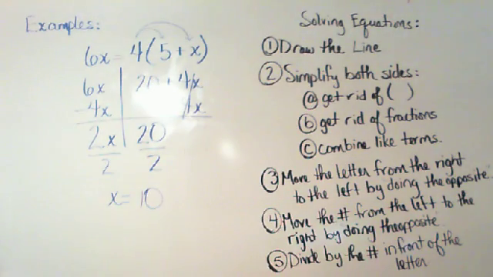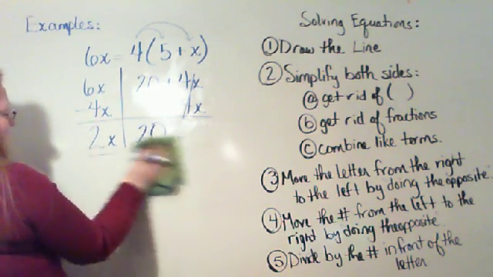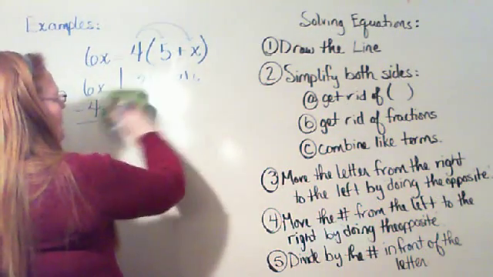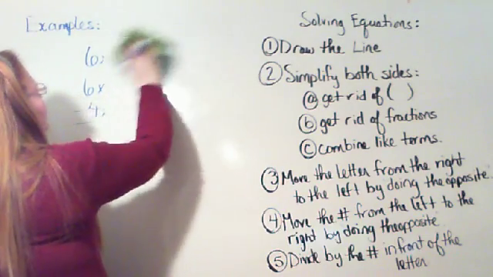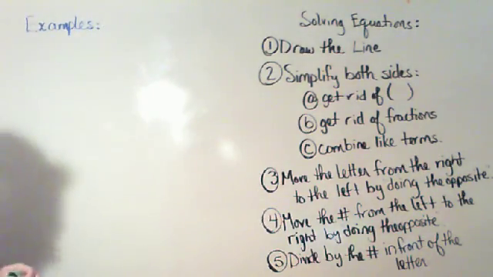I want you to try one that has parentheses in it now. And remember, it just means that you're giving whatever's on the outside to the inside, but you're doing it with multiplication. And you give it to everything on the inside.